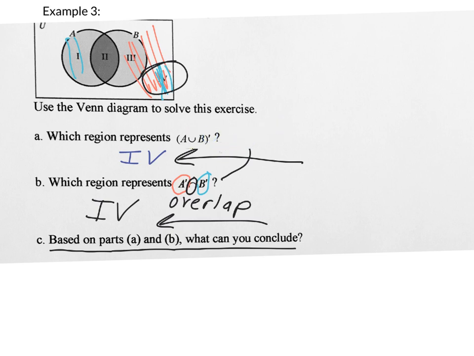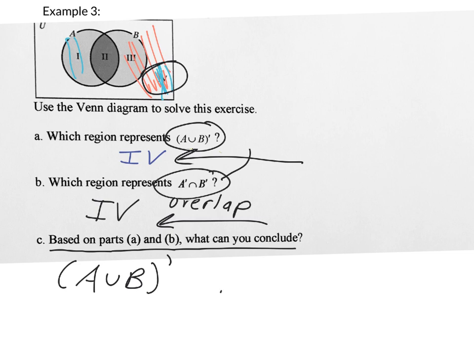Part A was asking us for A union B complement, A union B in parentheses, complement. And then part B was asking us for A complement intersected with B complement. And I can conclude that these two expressions are equal to each other because they represent the same exact regions.